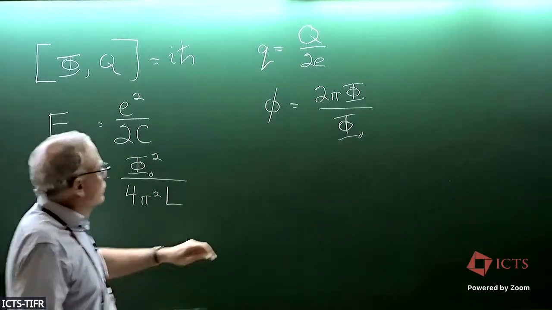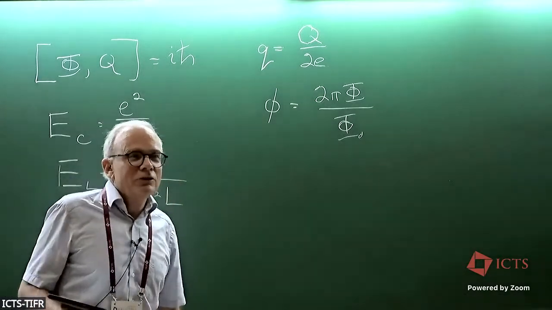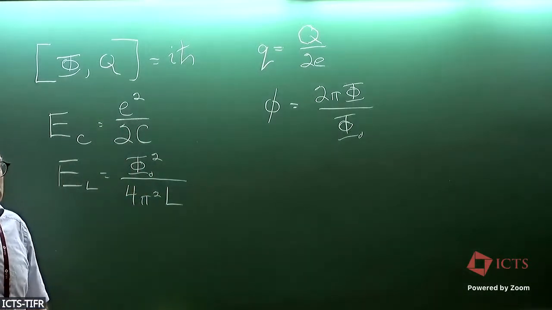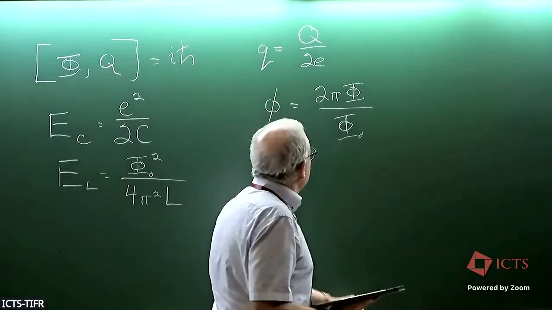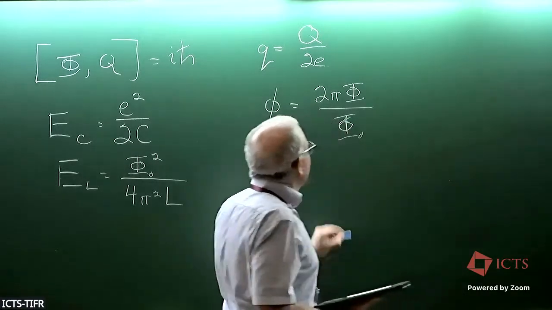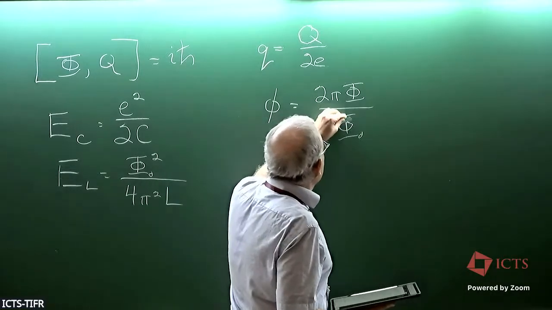I had a friend who used to say we need a phi naught bar in analogy to h bar, but that has not become a popular symbol, mainly because you wouldn't have any idea where to put the bar on such a letter.